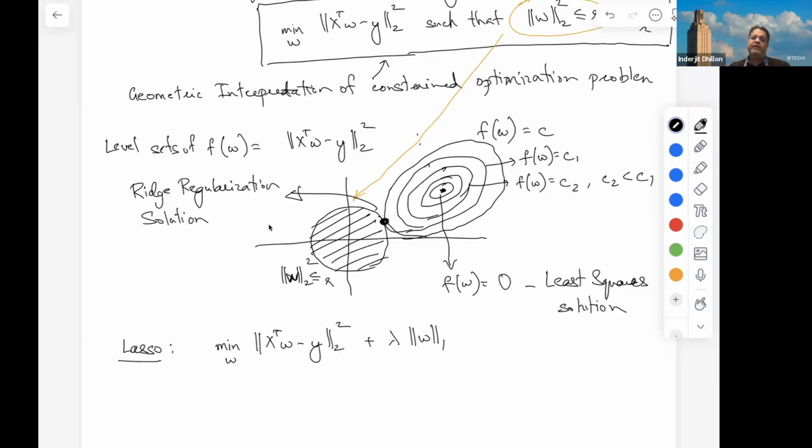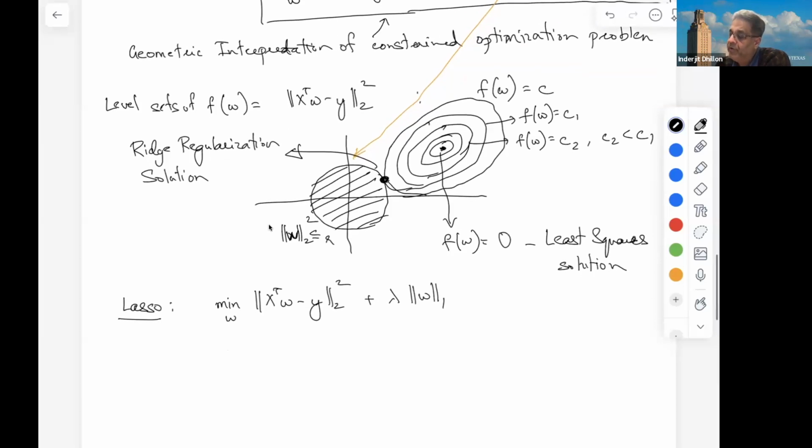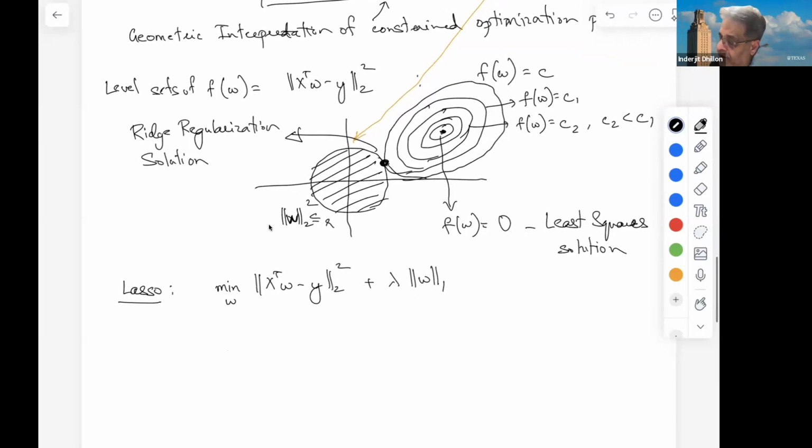Instead of the sum of the squares of W, we are penalizing the sum of the absolute values. So it's the 1 norm of W instead of the squared 2 norm.